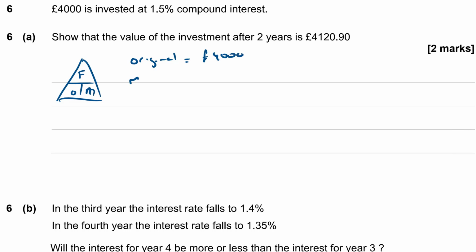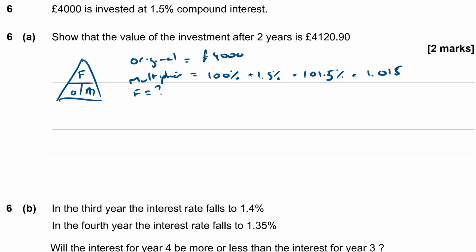I know the multiplier. It's 1.5% interest. If I start with 100% and I add on 1.5%, I've got 101.5%, which as a multiplier is going to be 1.015. And the final is what I want to find, isn't it?